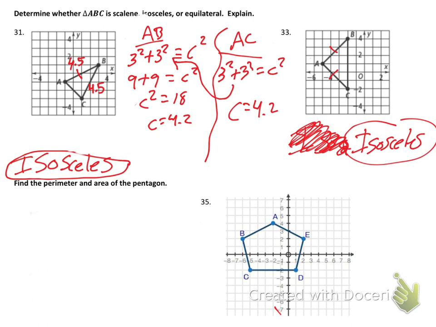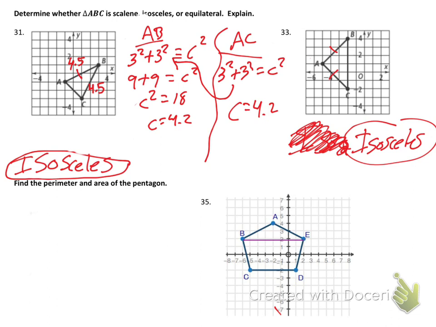All right, find the perimeter and area of the pentagon. So what it looks like I can do here is that I can cut some stuff up. So, how about we cut B to E up so that I have a triangle. And then on the lower part here, I know that I have a height and I also have a base.